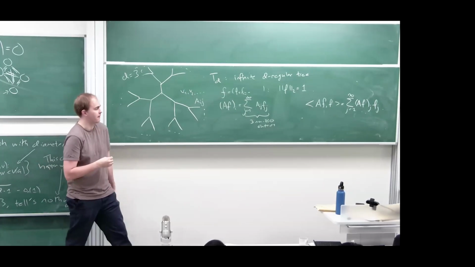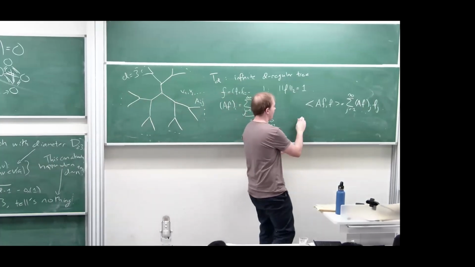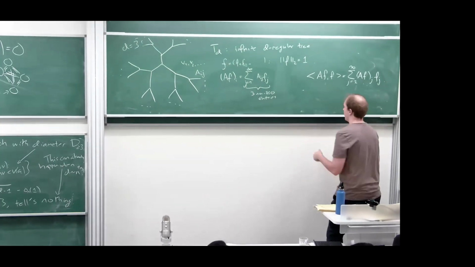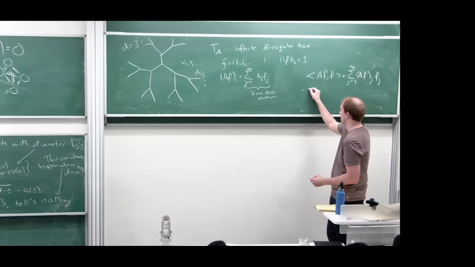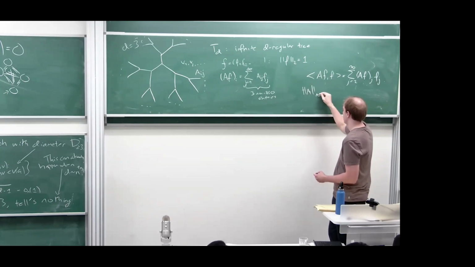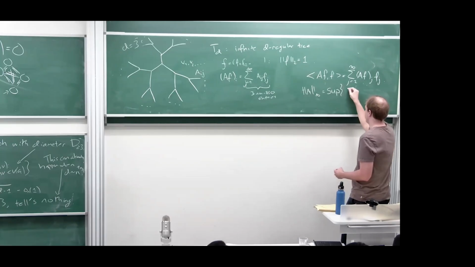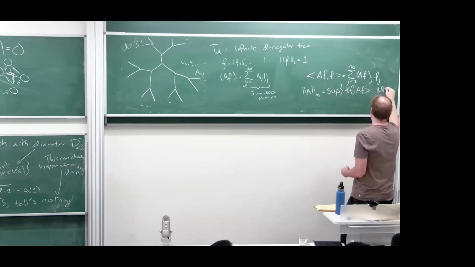So we can define the spectral radius of this operator A as the supremum of the inner products of f and Af among all the vectors f with L2 norm 1.